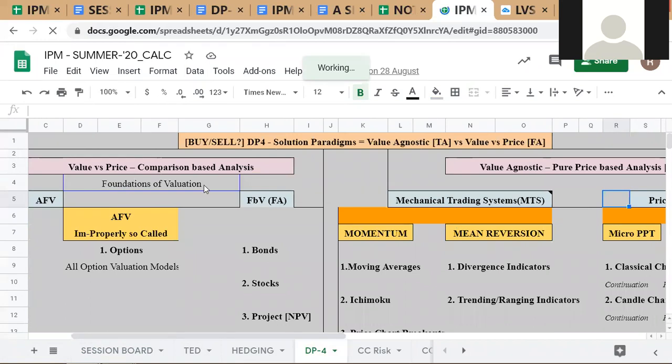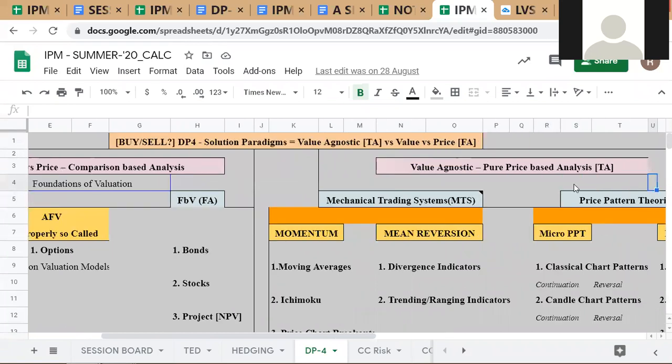One is where you compare value versus price, which is what you are already familiar with, and this is where FA is located. On the other hand, TA is located completely on the other side, where you don't concern yourself with value at all. You only look at price, pure price-based analysis.